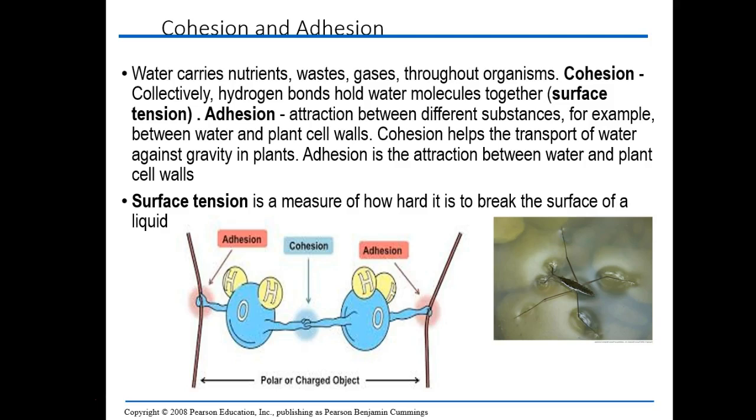And that then makes room for another water molecule to move on up, and that forces that water up into the plant, all of it against gravity. And this is because of hydrogen bonding. Those hydrogen bonds cause those water molecules to stick together as well as adhere to the side of the plant walls.